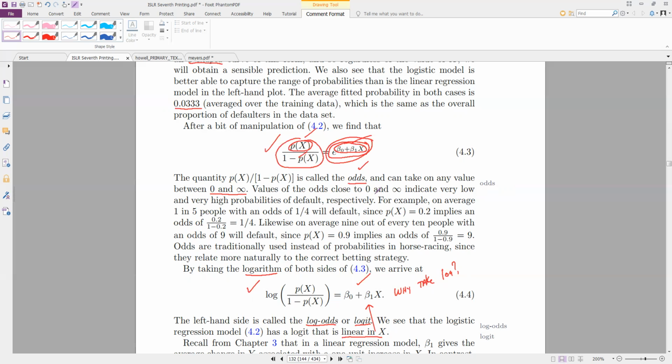Values of odds close to 0 and infinity indicate very low and very high probabilities of default, respectively. For example, if 1 in 5 people will default, the probability equals 0.2, which implies an odds of 1/4. You have 0.2 over 1 minus 0.2, and there are your odds.